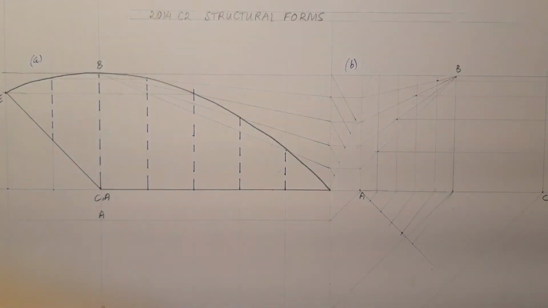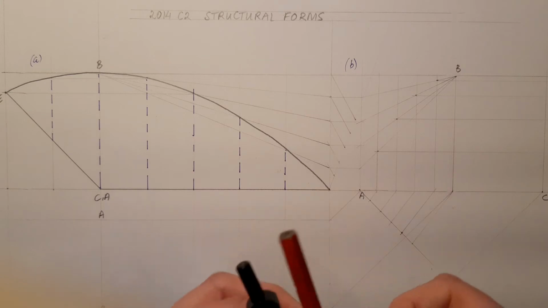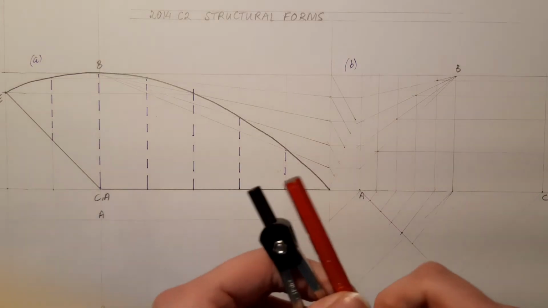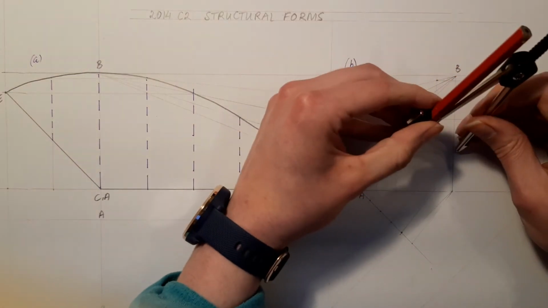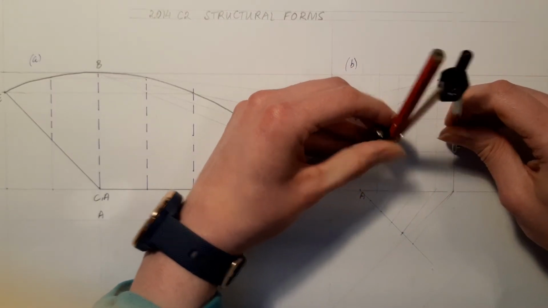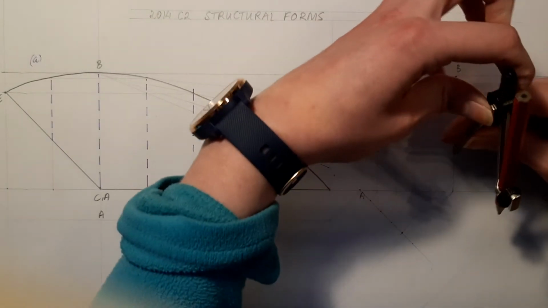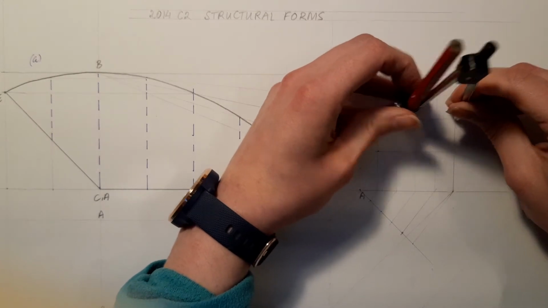And grab your compass in order to transfer them. So compass on the center, stretch it out to the point, transfer it to the other side. Do that the same with all 4 points.